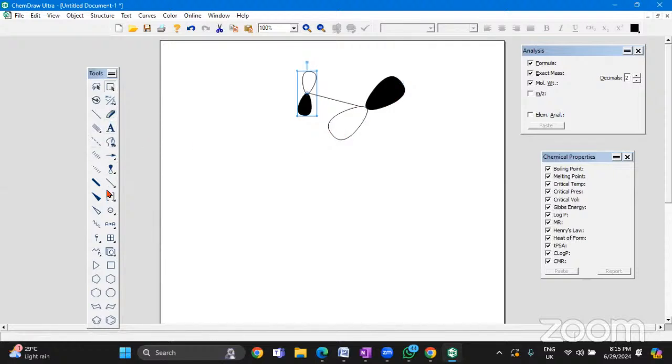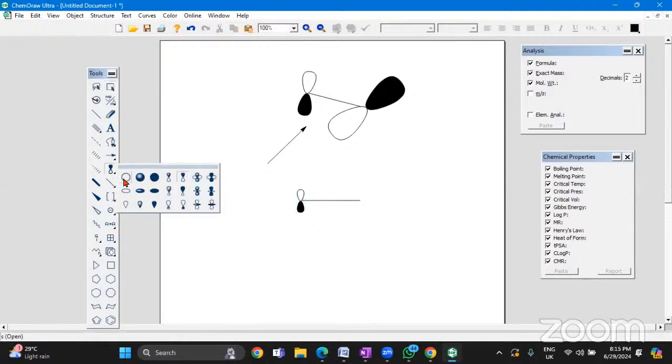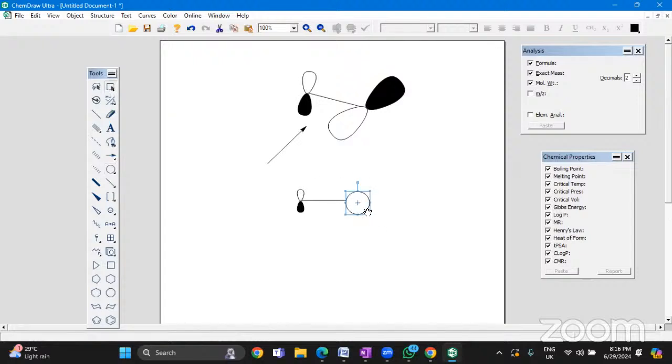Now you are watching the molecule from this direction. How is it appearing? Suppose this is the straight horizontal line and the orbital is like this. Whenever you watch the molecule, it will appear as a circle, meaning you can only see one lobe.